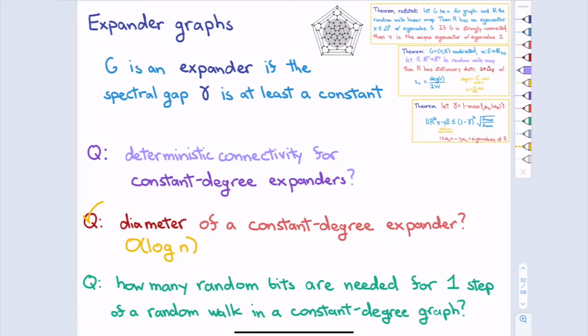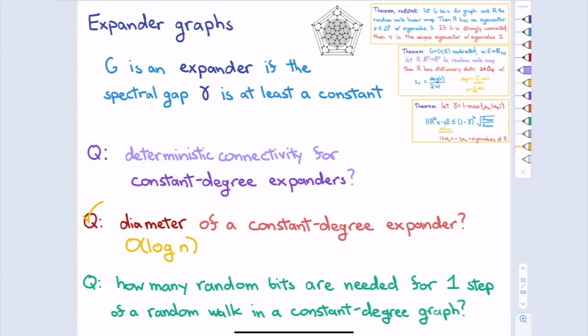You can just enumerate it. You can guess all log n length bit strings or 10 log n length bit strings, and that takes polynomial time and log n space, right? Because it's just a counter, okay? So on a constant degree expander, you can actually just enumerate all paths from S of up to log n steps and figure out if you can reach T.